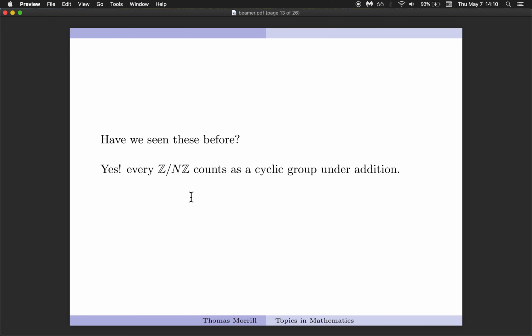Every single group Z mod NZ is a cyclic group under addition, right? So this group consists of all the residues mod n, and we've been using the set 0, 1, 2, 3, 4, up to n minus 1, and then say that n wraps around, n is the same as 0 mod n. Those are my residues.